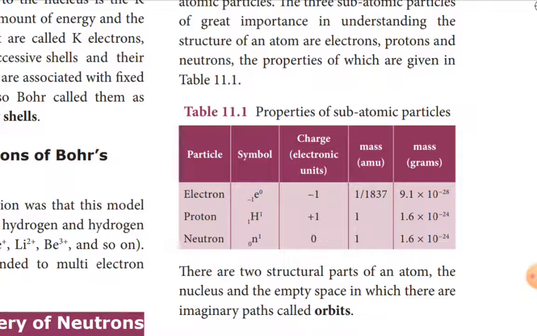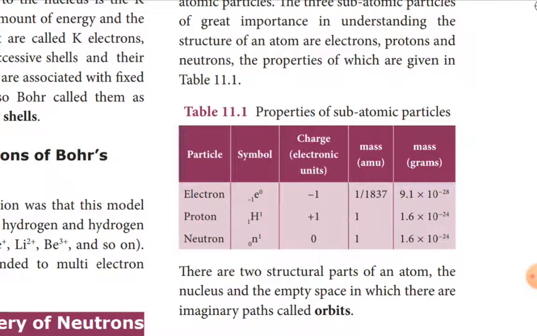The proton and neutron possess a similar mass. That's why the total mass of the atom is embedded in the nucleus of the atom. The nucleus is the highly concentrated core of the atom because of the massive particles, proton and neutron.